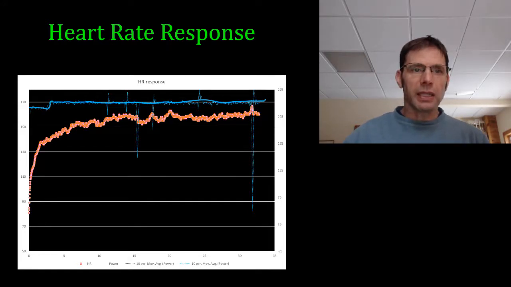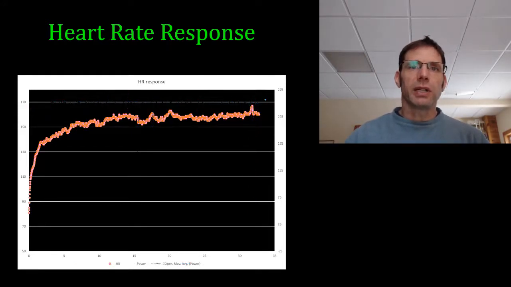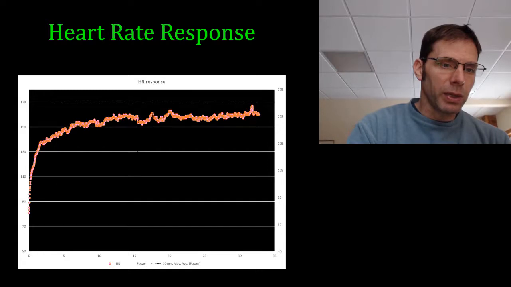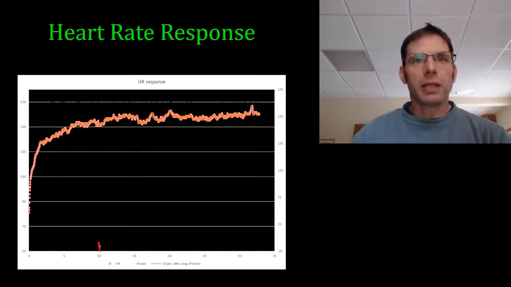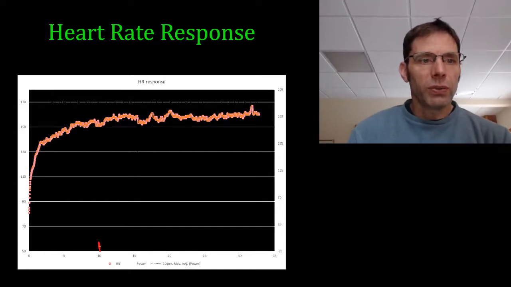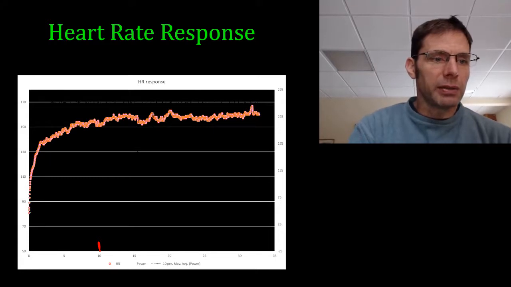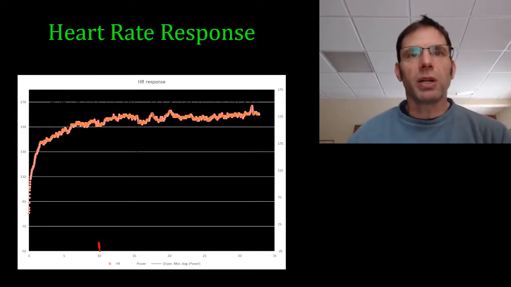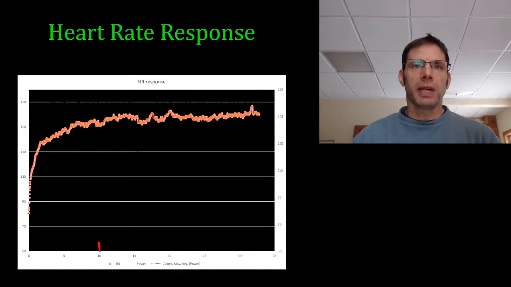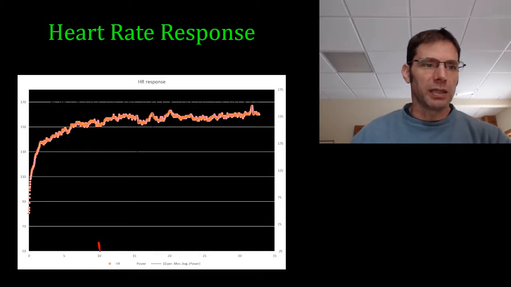Since that's the case, we can just get rid of that power line and look at the heart rate response on its own. This mark is about the 10-minute mark. And if we go up, the heart rate starts in the neighborhood of 80 beats per minute. I had some anticipation of beginning exercise.